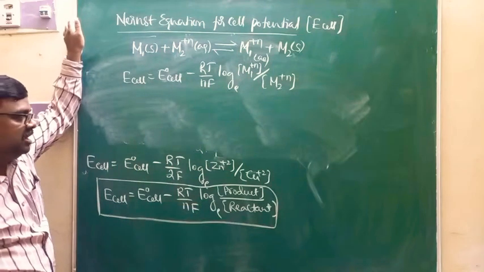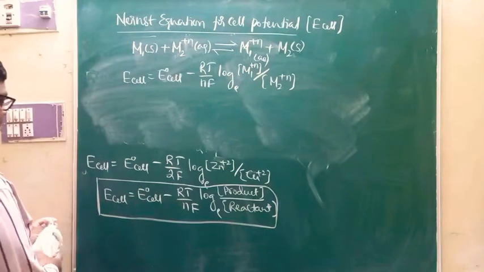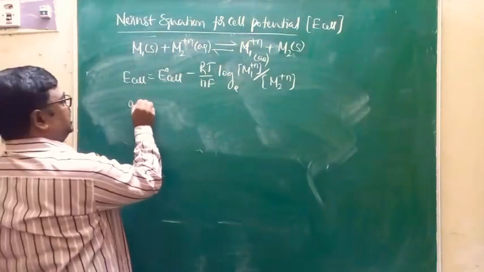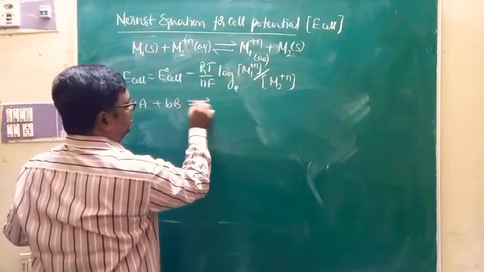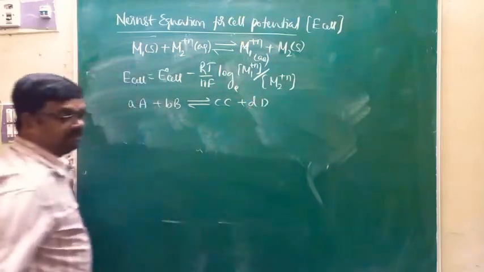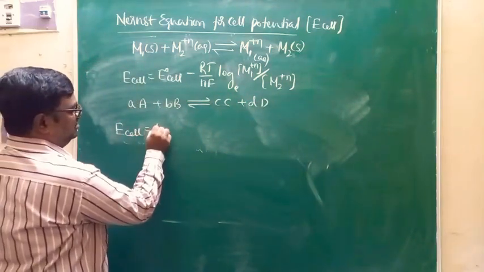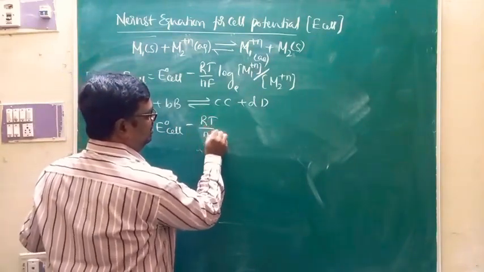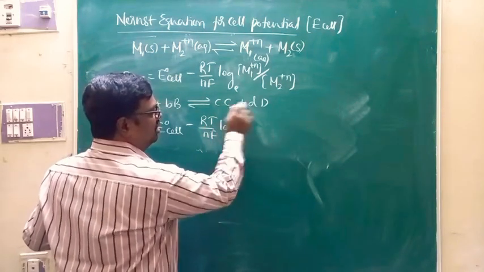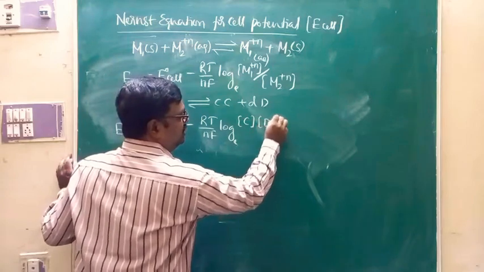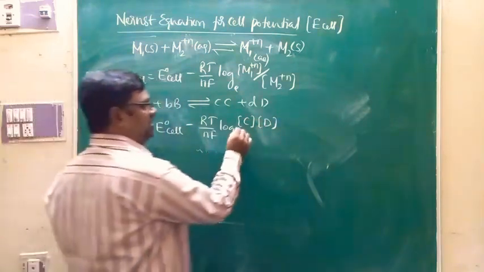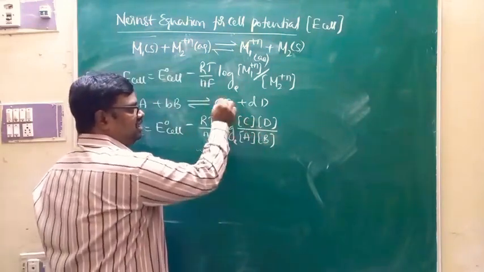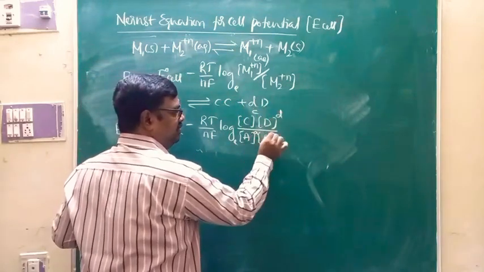Or, we can write it another way. For a reaction of this type, a times A plus b times B gives c times C plus d times D, E of cell is equal to E naught of cell minus RT by nF log to the base e of the product of molar concentrations of products divided by the product of molar concentrations of reactants, and of course C to the power c, D to the power d, A to the power a, B to the power b.